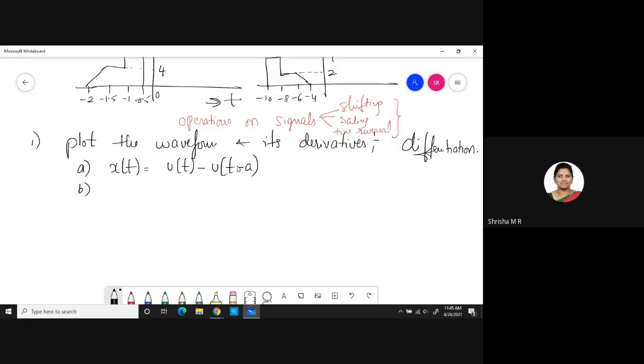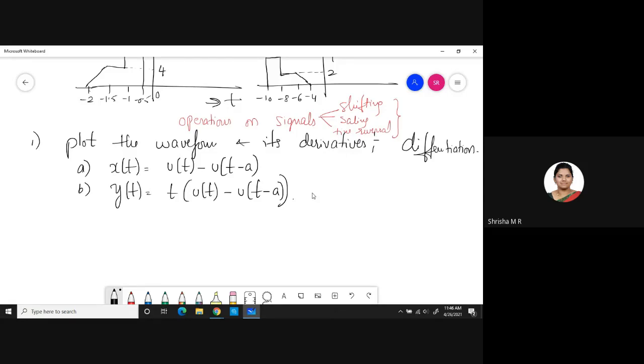I had told you when I was explaining elementary signals; just recall that. You have been given y of t, which is equal to t into u of t minus u of t minus a. You have to plot these two waveforms x of t and y of t, and you should also plot their derivatives. Okay, shall we start plotting this?